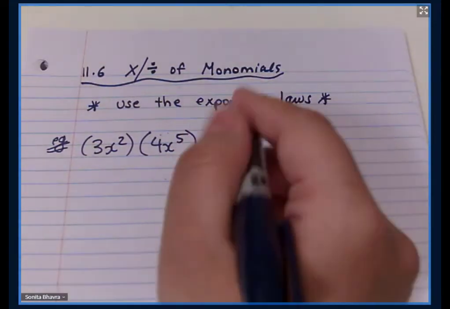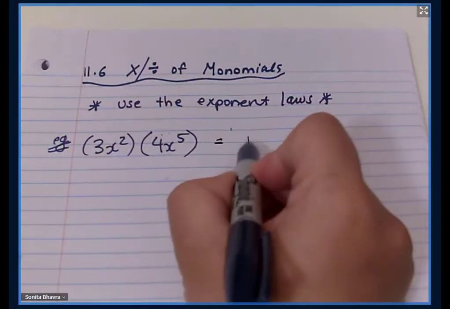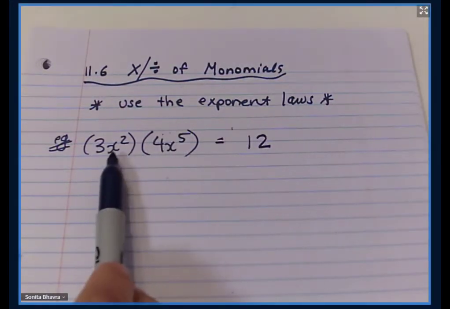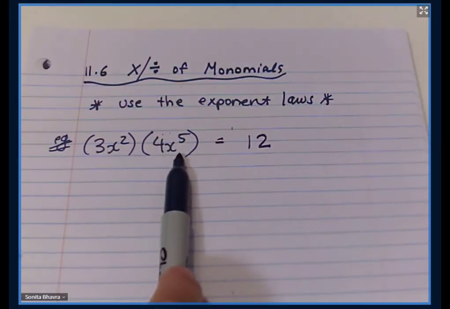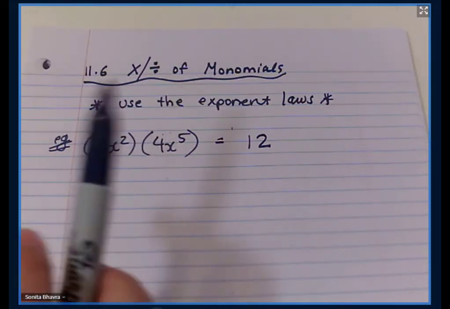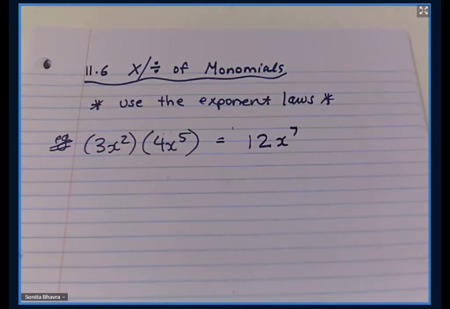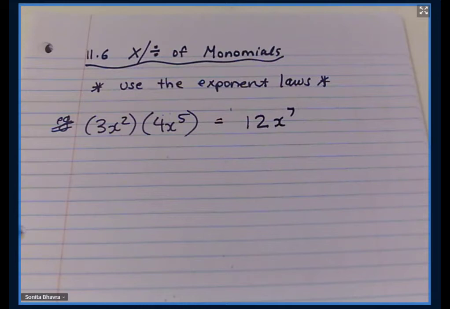So 3 times 4 gives me 12. And then we have x squared multiplied by x to the power of 5, so we would add our exponents. 2 plus 5, so we would have x to the power of 7. All right, so 12x to the power of 7 would be the answer there.